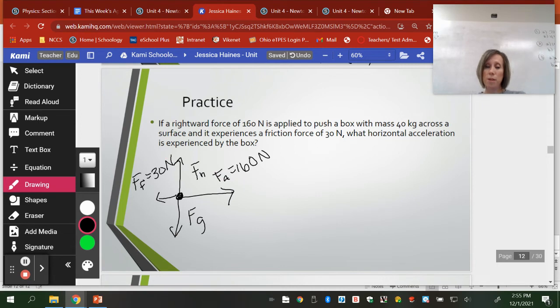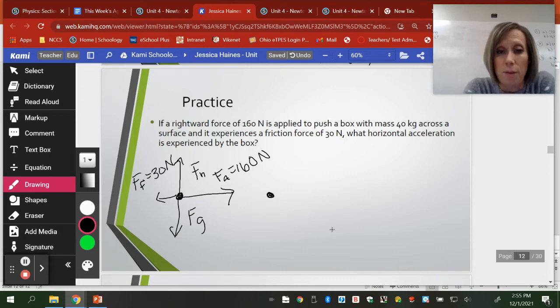Our overall net force diagram is going to look a little different than the last one. In the vertical direction, normal force and force of gravity cancel out. But in the horizontal direction, we have an applied force and an opposite frictional force.